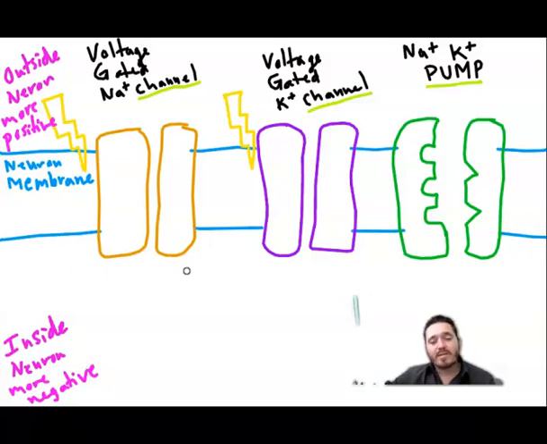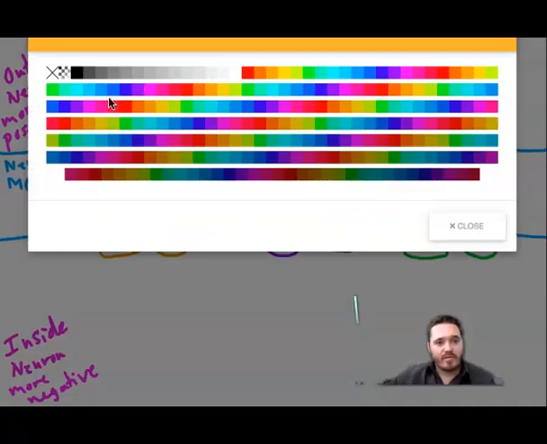This is what causes a membrane potential because there's an electrical gradient. So just like there can be a chemical gradient, there can also be an electrical gradient. And in this case, the electrical gradient is produced by having more sodium on the outside of the neuron and more potassium on the inside of the neuron.